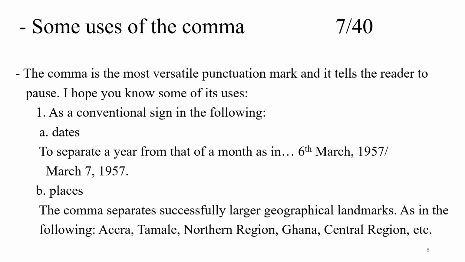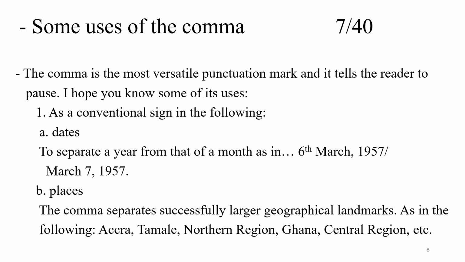We can use them in dates, and if we are using the comma in dates, all that we are doing is using the comma to separate the year from the month. As in the examples that we have here, 6th March, comma, 1957. It tells you that the comma is separating the month from the year, right?